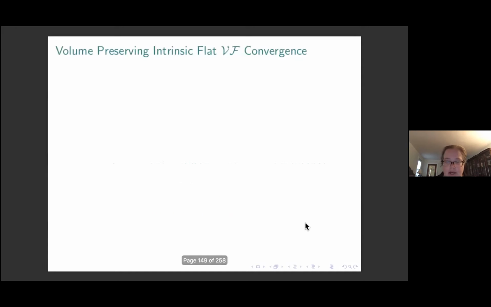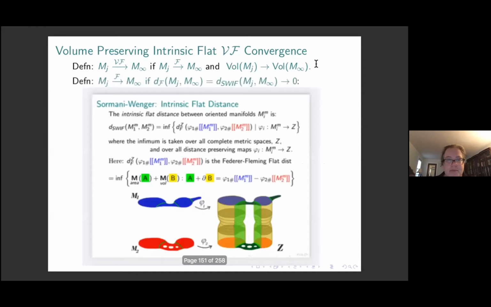So let me just remind you that volume preserving intrinsic flat convergence means that you have flat convergence, or SWIF convergence, of the M_j to M_infinity, and the volumes are also converging. And remember that the intrinsic flat distance, or SWIF distance, between two Riemannian manifolds is found by finding distance preserving maps phi_i from M_i to Z. Z is any complete metric space.